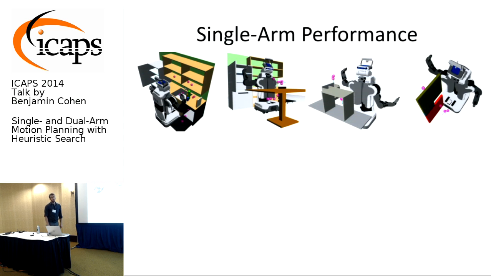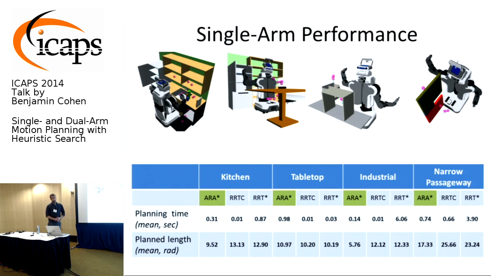All right, so now you know about our motion planner, but does it really work? To test the planner, we made four different scenarios. You have a kitchen, a tabletop, an industrial setting for bin picking, and a narrow passageway through a wall. We compared our planner to RRT-Connect and RRT*, and we have a lot of numbers here.